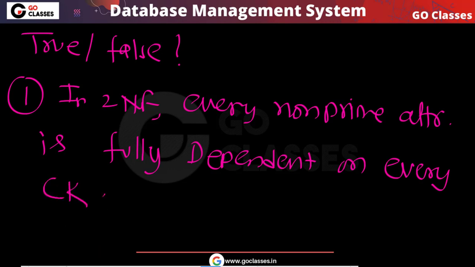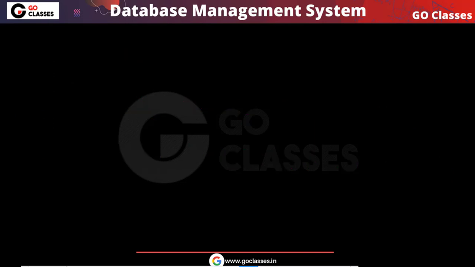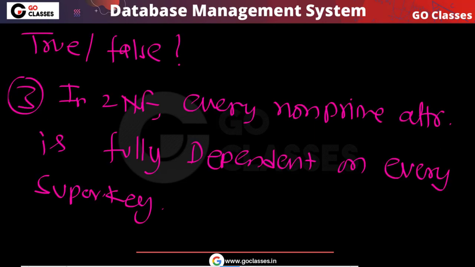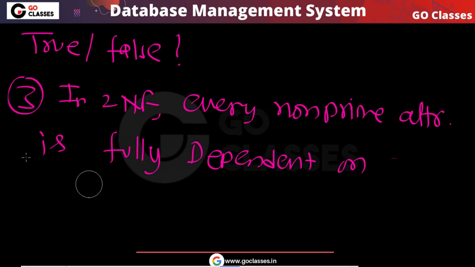Is this true? Second: every non-prime attribute is fully dependent on every super key. Is this true? The third statement: every non-prime attribute is fully dependent on some candidate key.